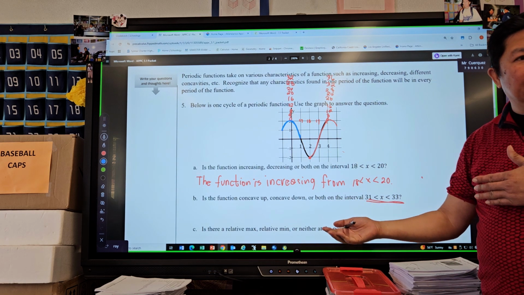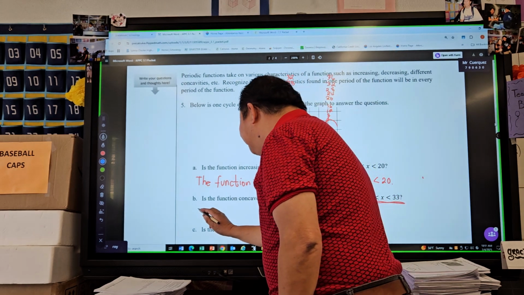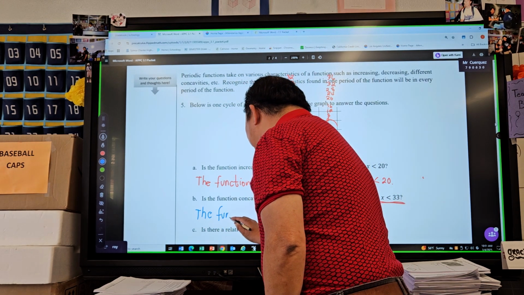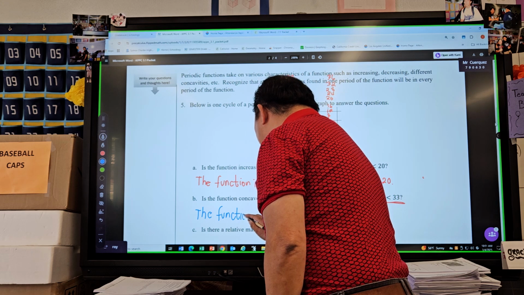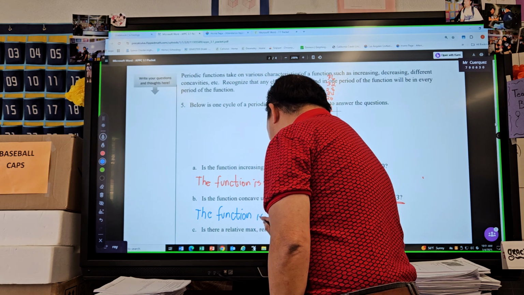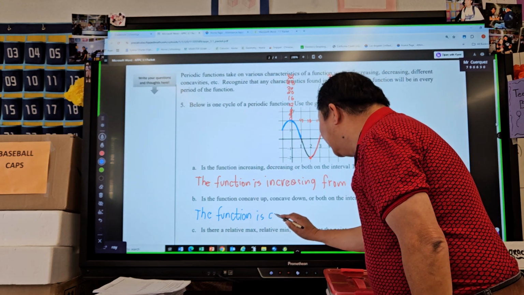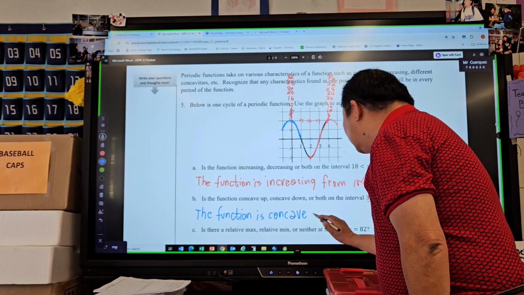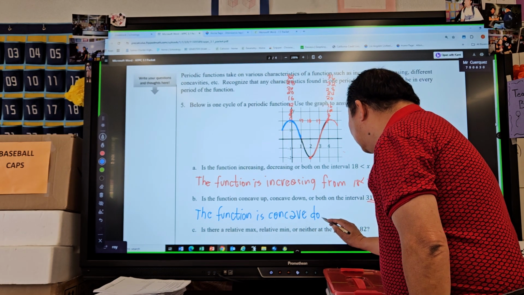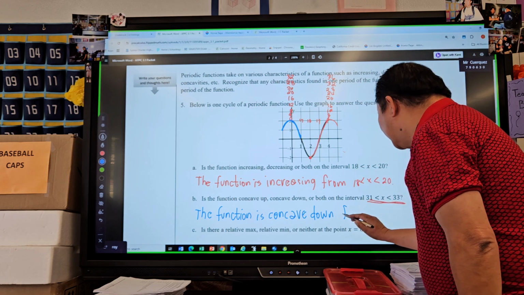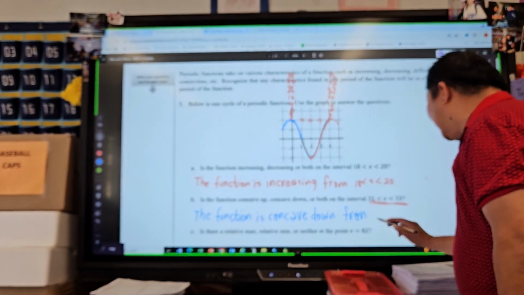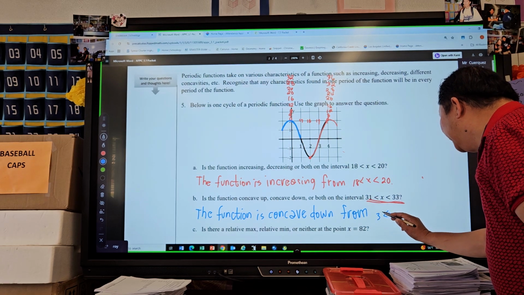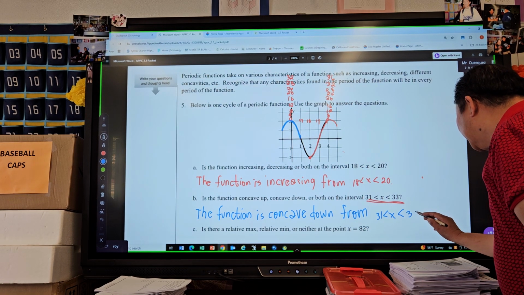Clear, guys? So the function concave down from the interval 31 to 33.